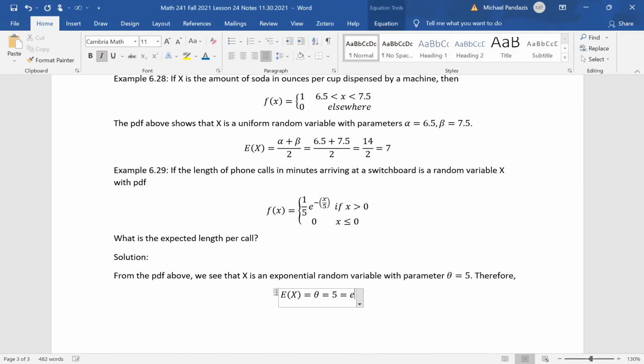Okay, and so this is the expected length of individual calls in minutes.